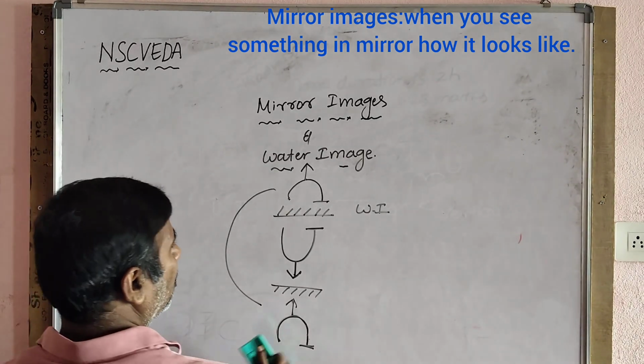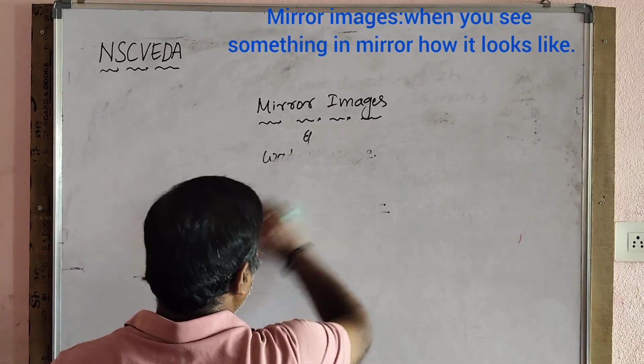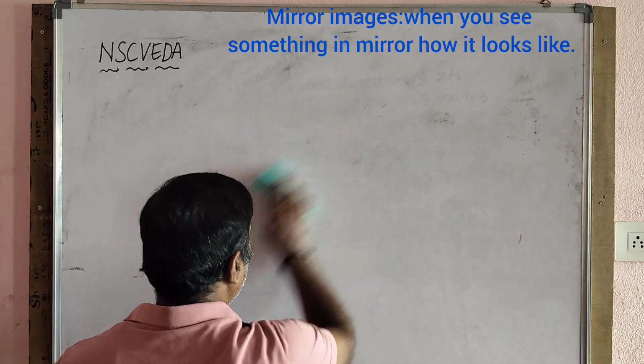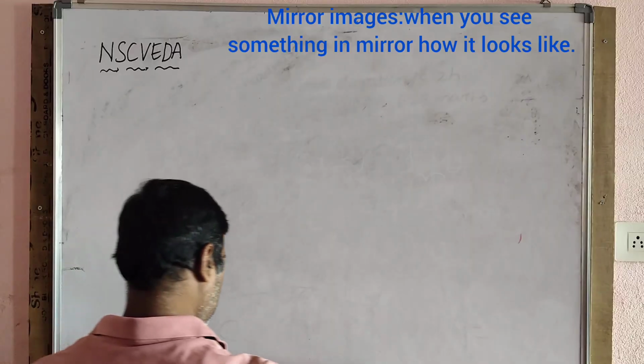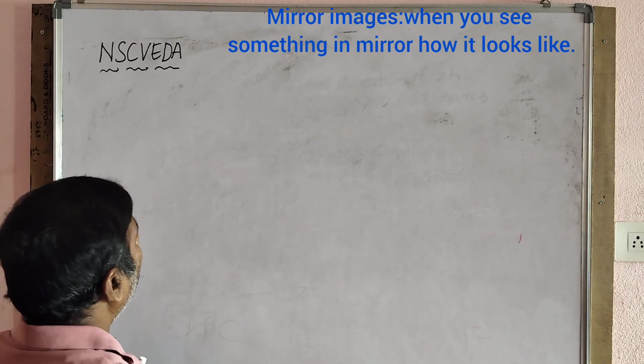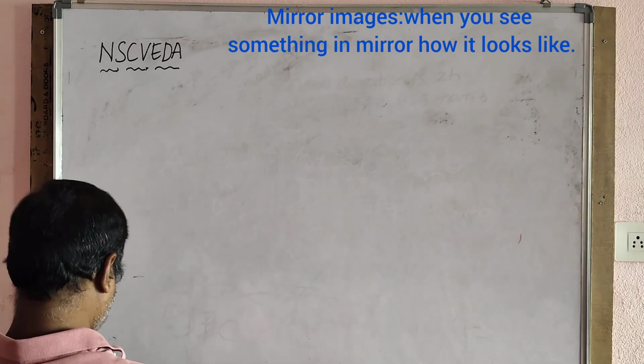Okay, now we will solve a question with the combination of both, to see how the mirror image looks and how the water image looks. Both things we will see in one question. Any simple question we will take.